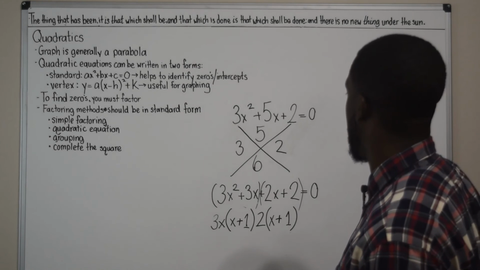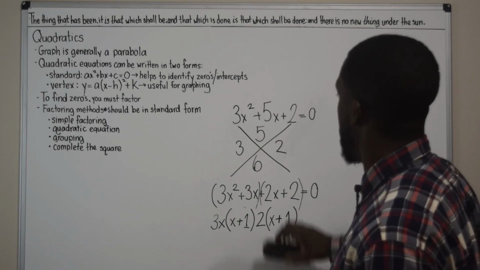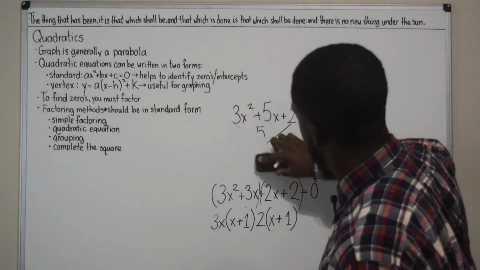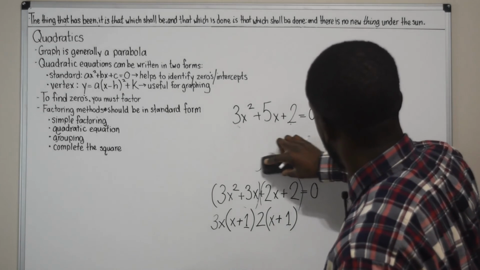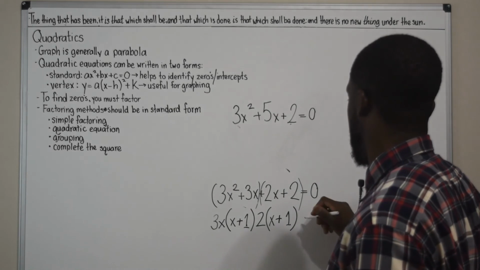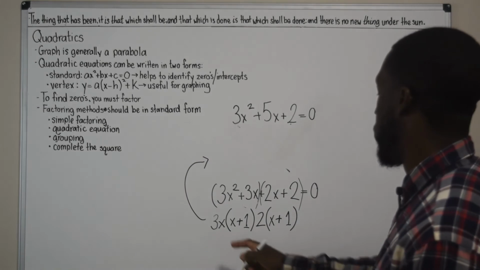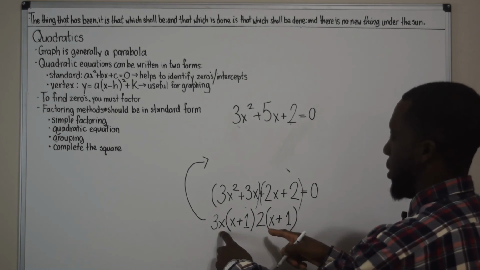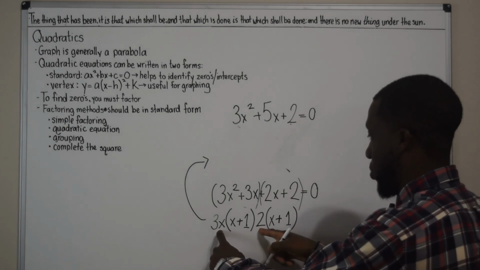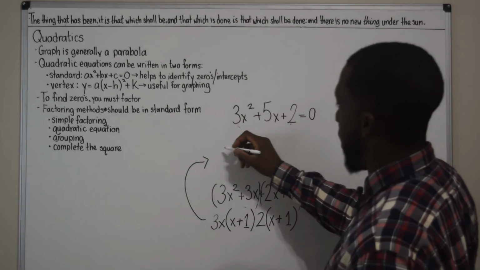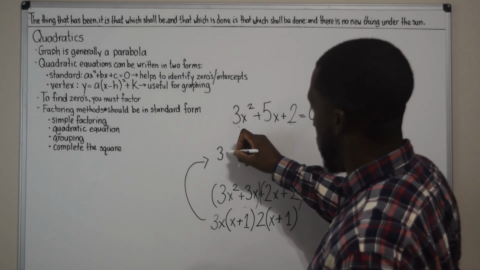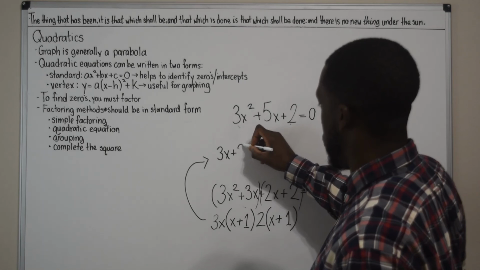So I'm going to erase this right here. And then I'm just going to put this right here, and I'm going to rewrite it. So I'm going to take these two right here, this 3x and this 2, and that's a factor: 3x plus 2.